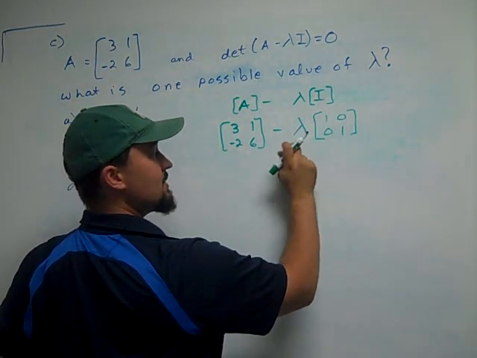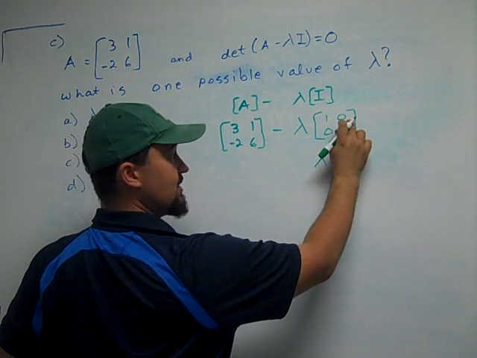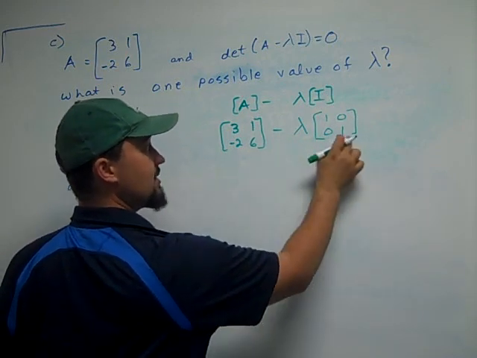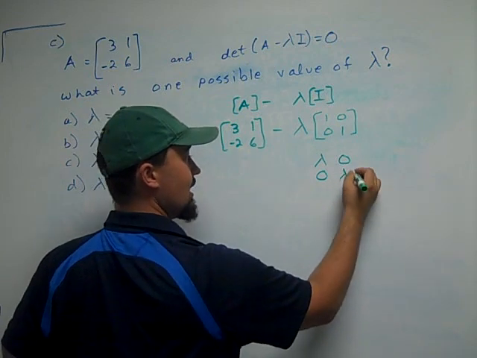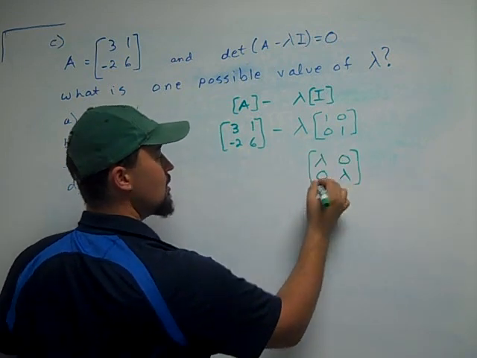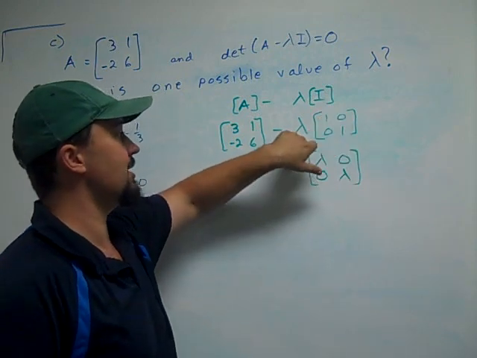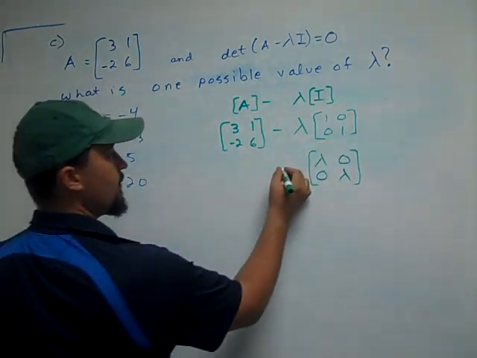So 1 times lambda gives us lambda. Lambda times 0 is still 0. Lambda times 0 is still 0, and lambda times 1 is lambda. So whenever we have a coefficient out front of the matrix, multiply each and every entry by that coefficient.